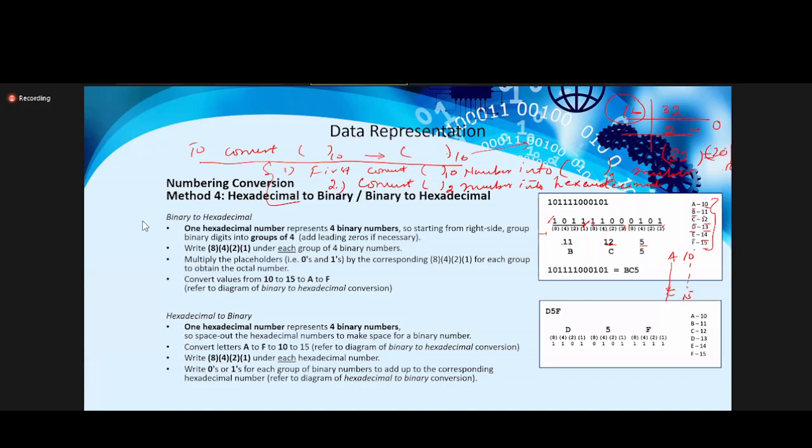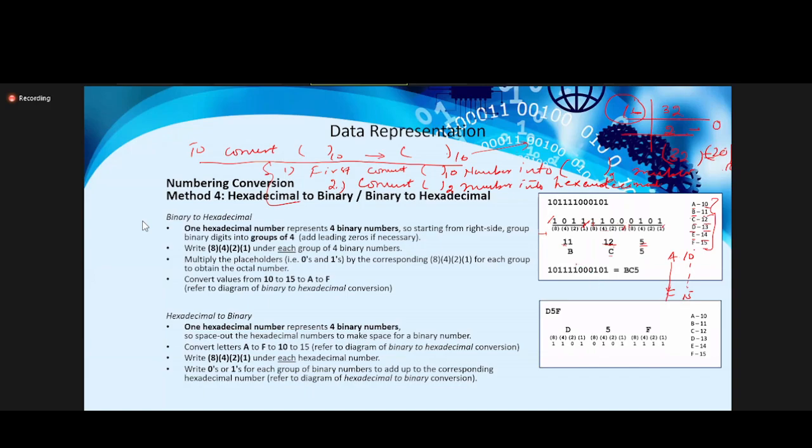So you write down decimal 11 here, 1100, this is decimal 12, and 0101, this is decimal 5. Once you have their decimal numbers, you can simply write down their hexadecimal equivalent. So 11 means B, 12 means C, and 5 means 5, correct?